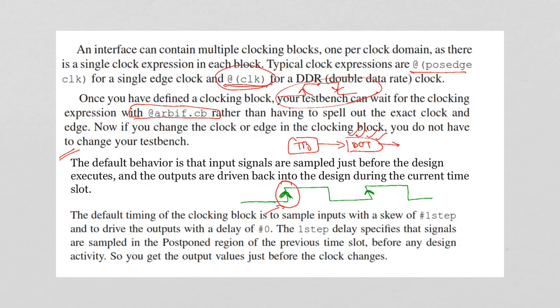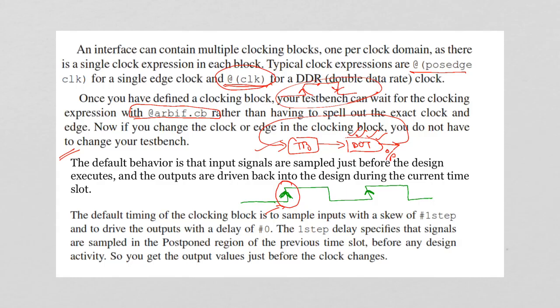After some time the outputs are going to be stabilized. Outputs of the DUT are stabilized after some time of application of input. Then you must sample them. If you are sampling before the output of the DUT stabilizes, you will get wrong inputs for the test bench. You cannot get the proper value.